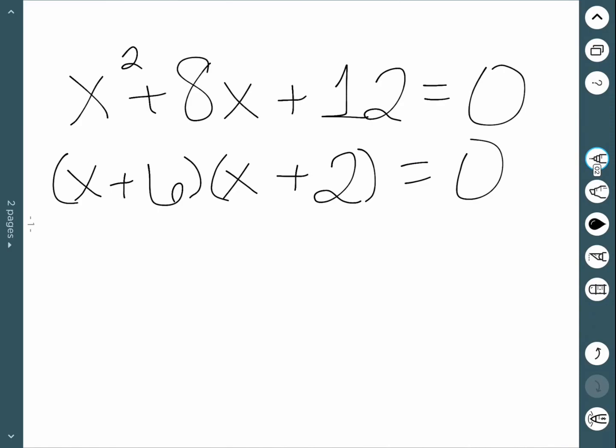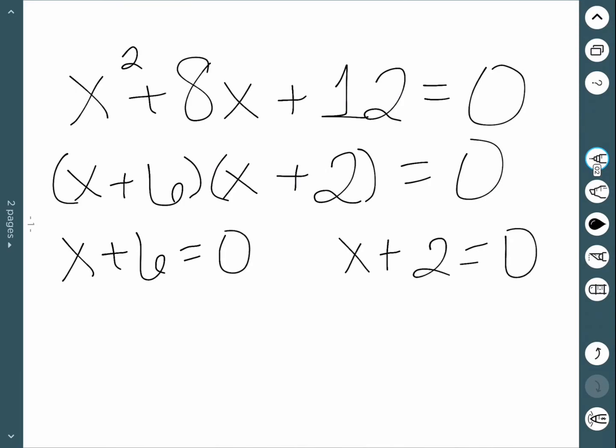So now on the left I have two things that are being multiplied and I know that they're equal to 0. Therefore, one of them has to be 0. So either x plus 6 is 0 or x plus 2 is 0, which gives us negative 6 or negative 2. So we have two answers.